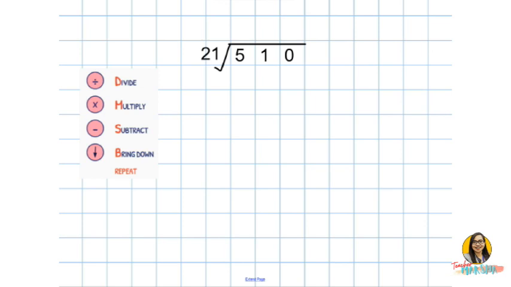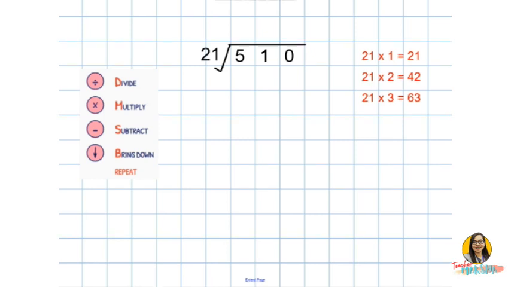So you can list down a few of the multiples of 21 until you get the number that is close to 51. Okay, starting off with 21 times 1, that is 21. 21 times 2 is 42, and 21 times 3 is 63. So there are two groups of 21 in 51. So let's write the answer here above 1. 51 divided by 21 is 2. So we're done with division.